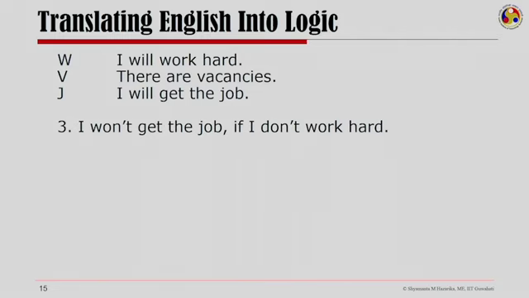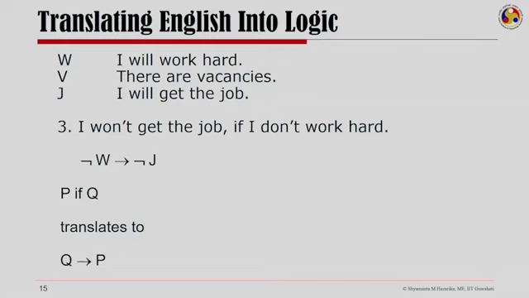But then how do you write this statement, I won't get the job if I don't work hard? So, this statement could be written as not W then not J. This is literally saying if I don't work hard I won't get the job. So, if I have a condition where P if Q is there, then it translates to if P then Q. This is very important to realize.